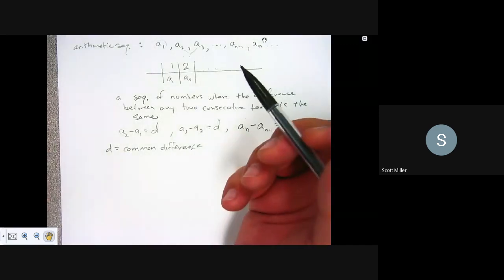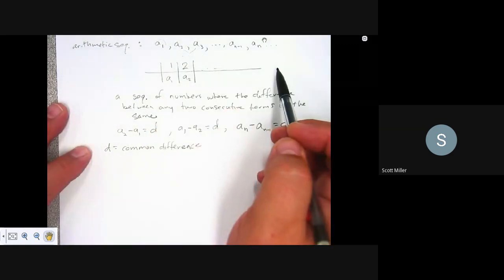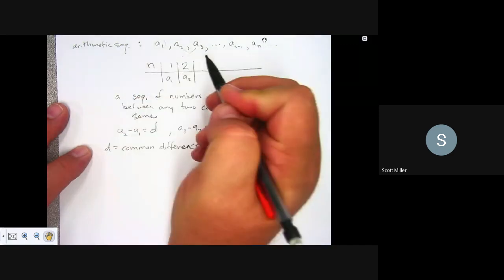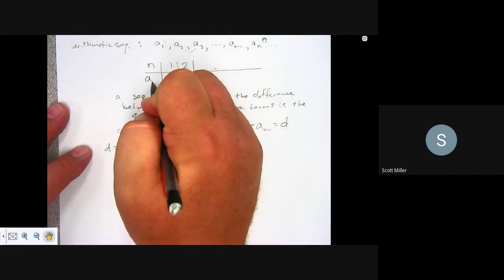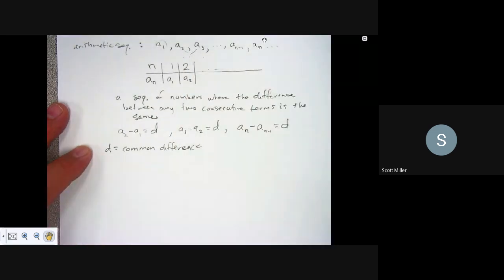A sequence is an ordered list. Because it's an ordered list, like I was saying up here, we can easily put it into a table, just like this. This would be the position number n, and this over here would be the A sub n, or what we call a generic term in the sequence.